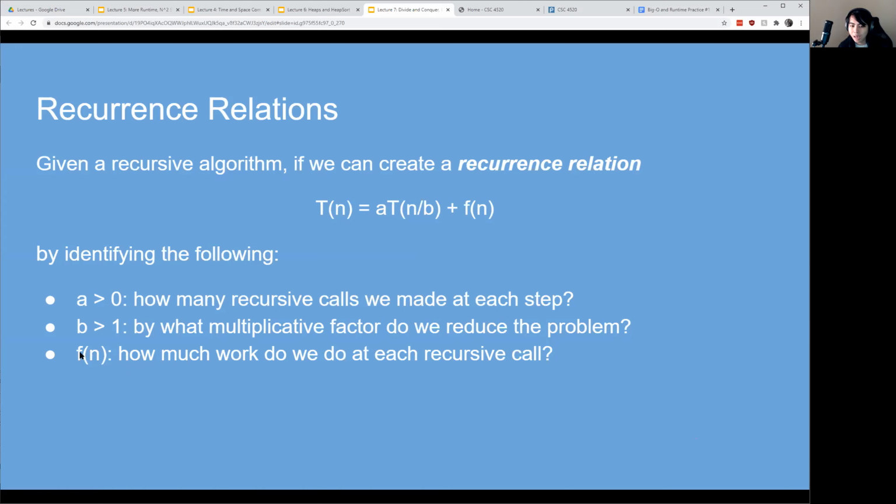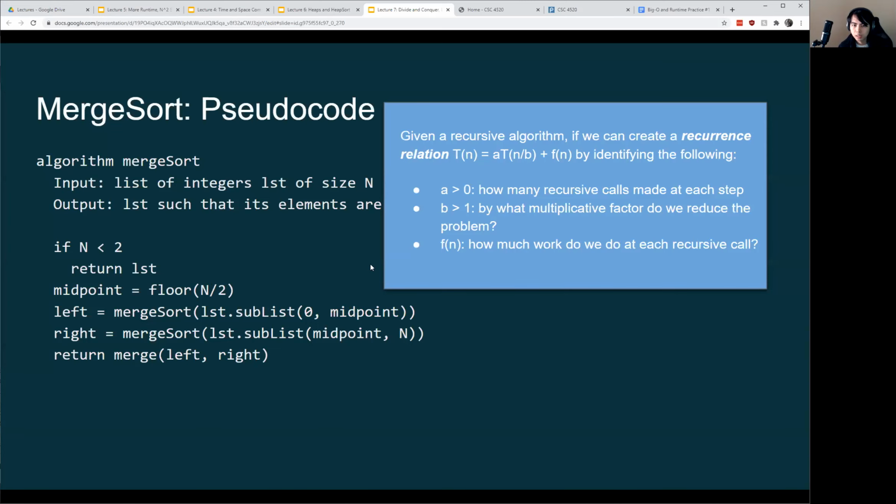And f of n is just how much work do we do at each recursive call. All right, so in this case, we're going to apply that here. How many recursive calls do we make at each step here? What is A? How many recursive calls are we making each time?